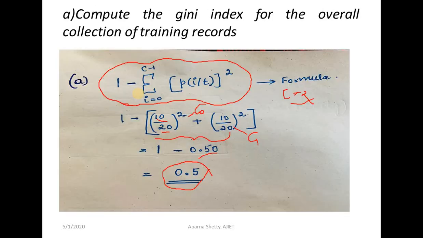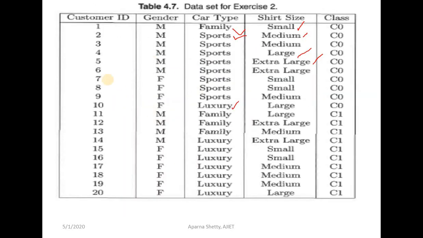I will show you the table now. So for male, how many belong to class 0? 1, 2, 3, 4, 5, 6, class 0. Correct?